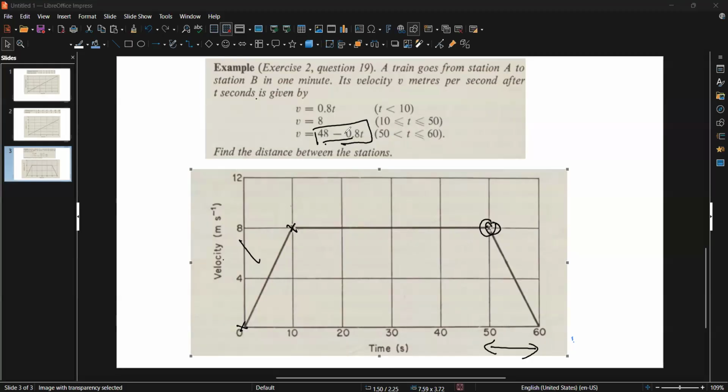The distance traveled now is the area under here. There are several ways. This is a trapezium.